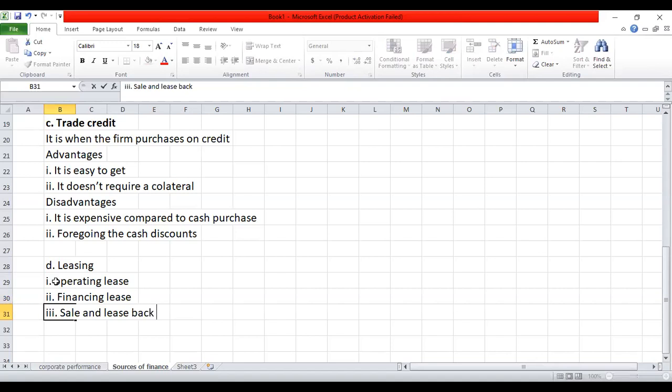So these are ways to finance. You can go for an operating lease, you can go for a financing lease, or you can go for what you call sell and lease back. You sell the asset, and after selling the asset, you lease it back. So it's also a way to finance the operations of the business.